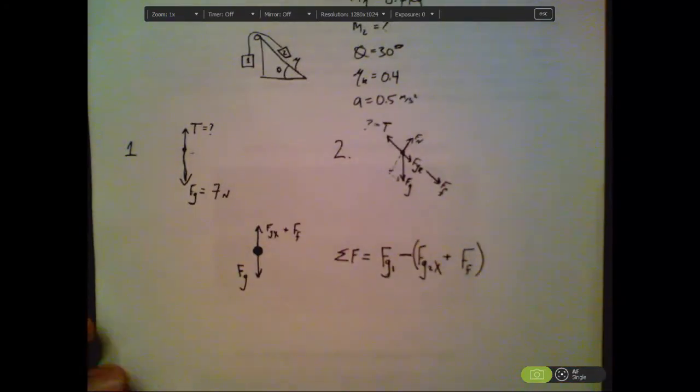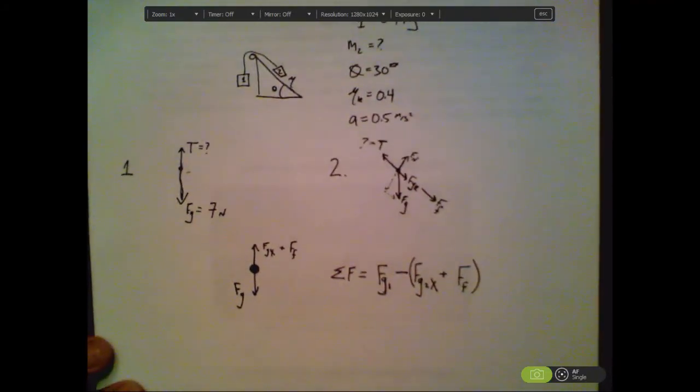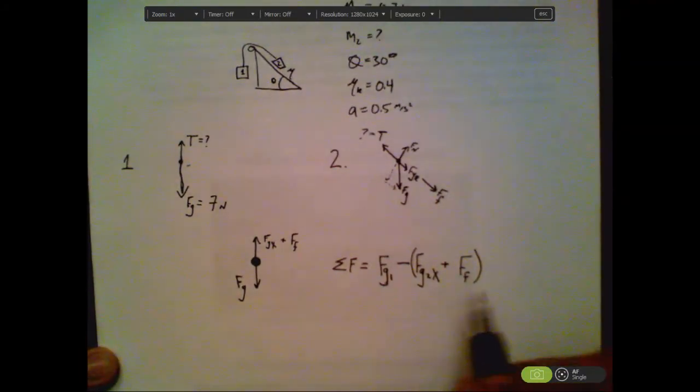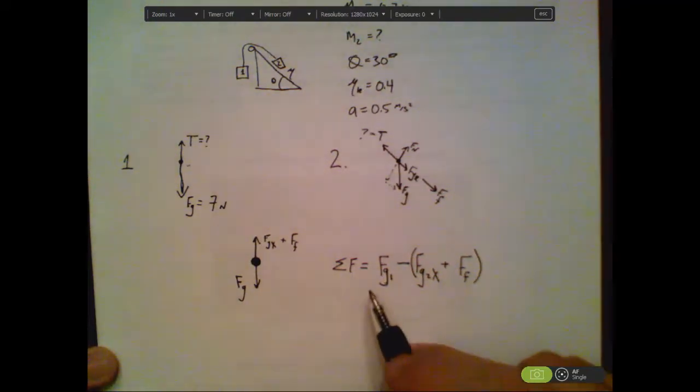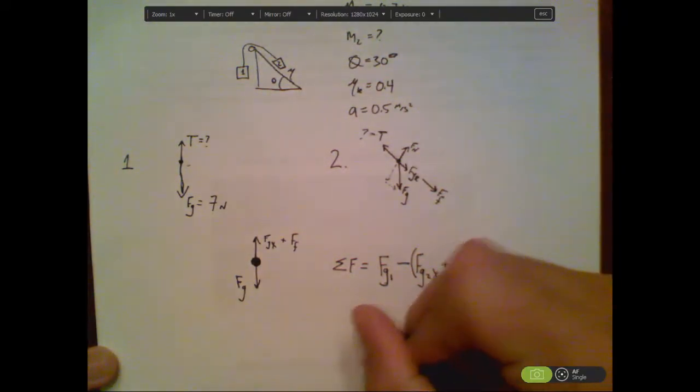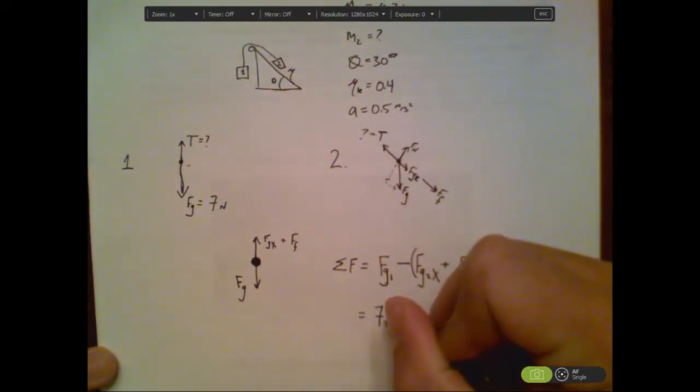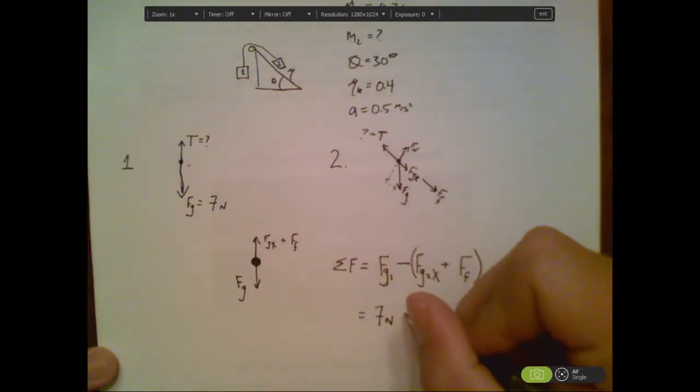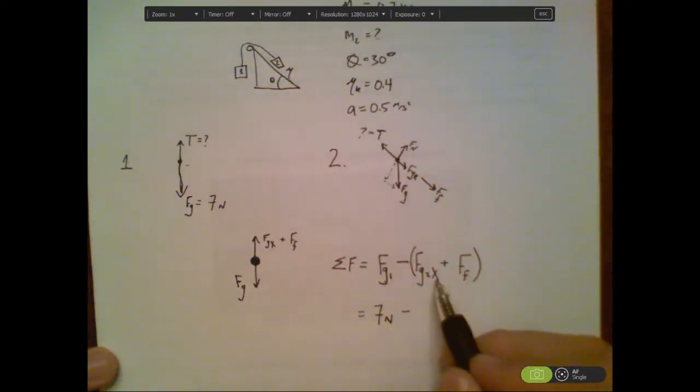And now we can start breaking this apart. This is equal to 7 newtons minus Fgx.